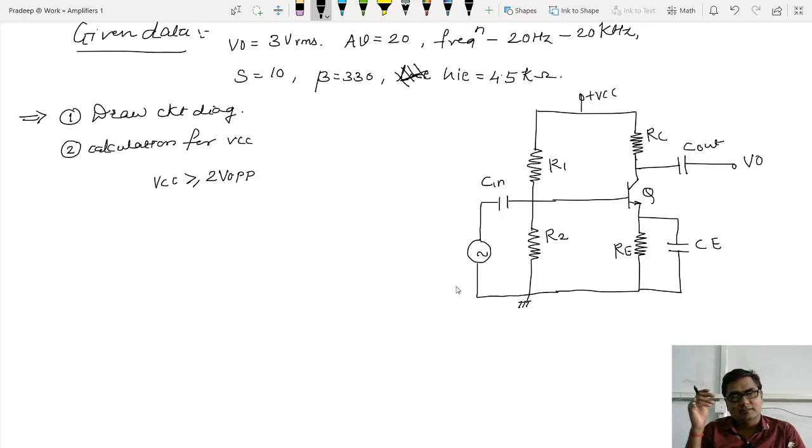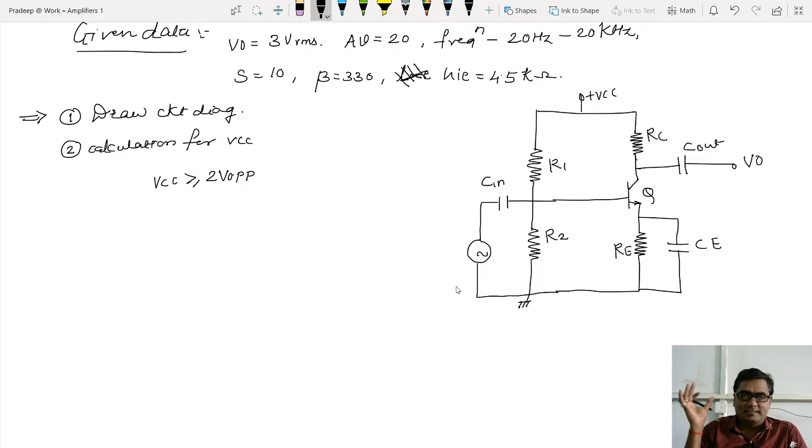If you keep VCC greater than twice the peak to peak output voltage, your circuit will work properly. Your Q point will stabilize properly, settling about at the center. That's why generally people follow this condition. This is the best assumption, the best consideration, I can say.